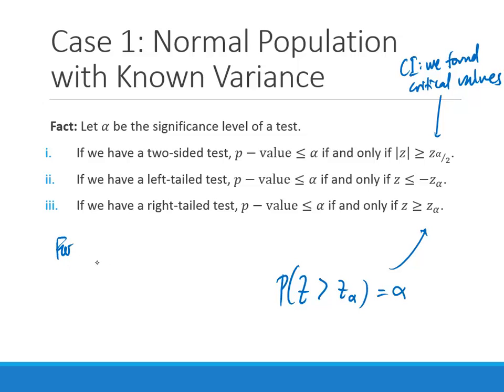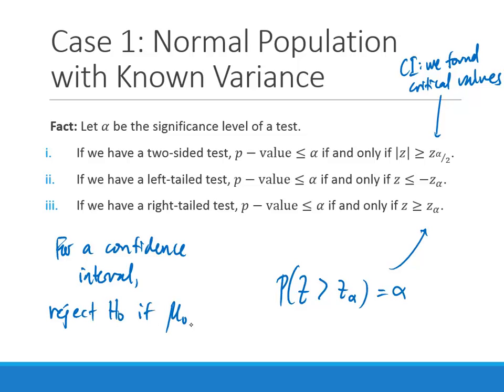So this was the idea that for a confidence interval, you'd reject the null hypothesis if mu 0 is not in the confidence interval.